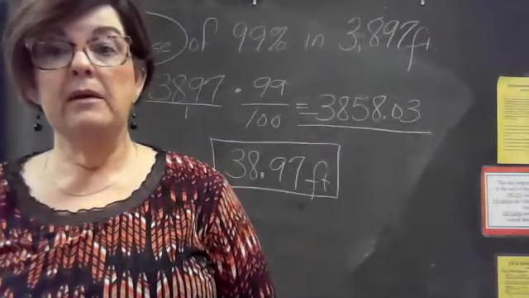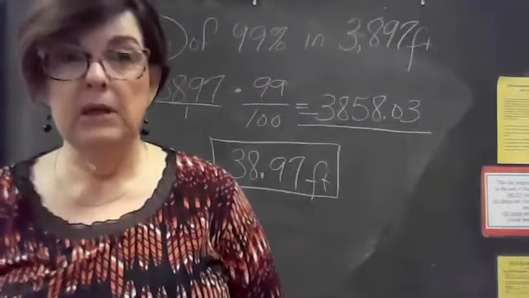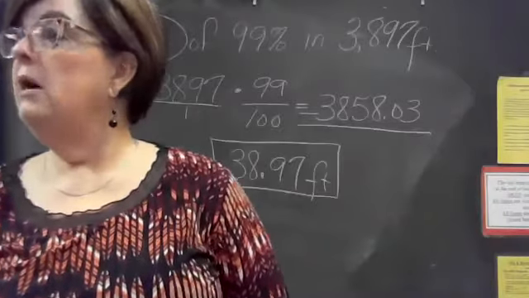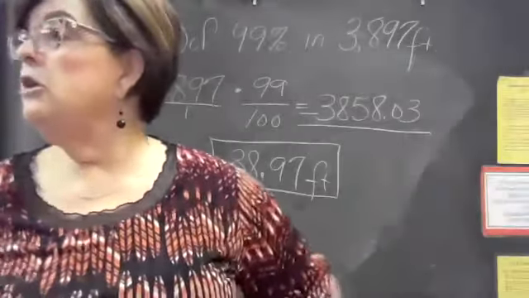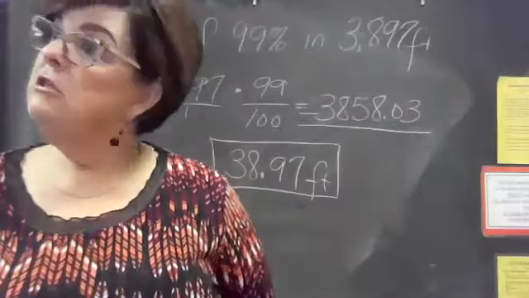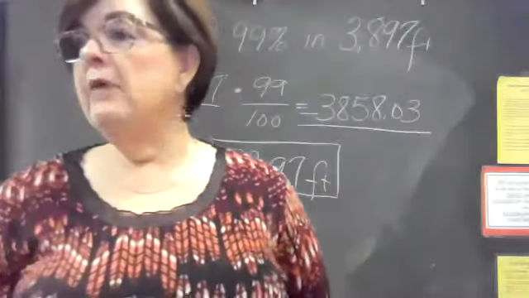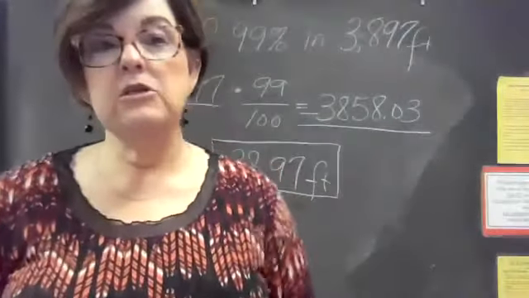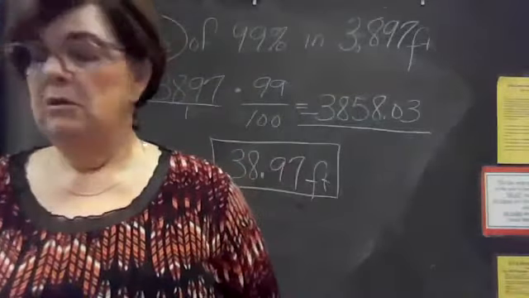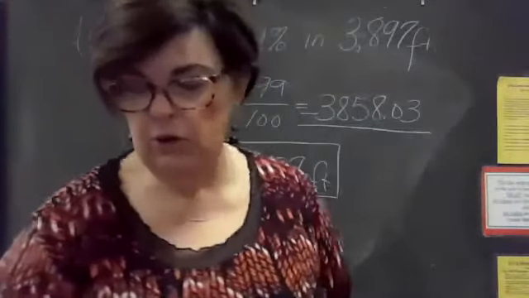The same applies if you borrow money at simple interest. They will tell you how much you borrowed and the interest rate or percentage, so you can figure out if I borrow this much to buy a car, I'm going to have to pay back this much. So here we go.